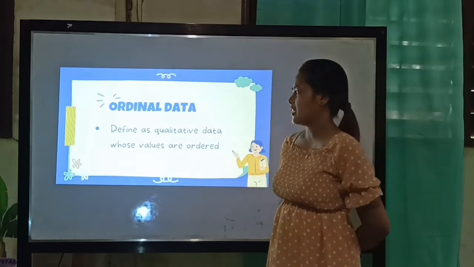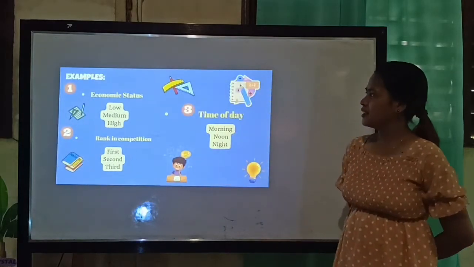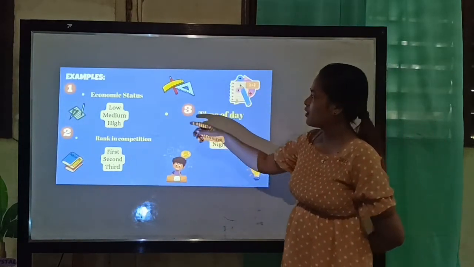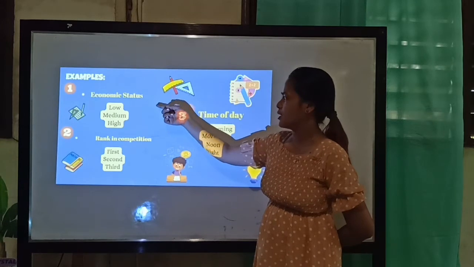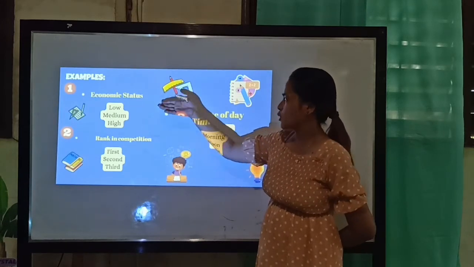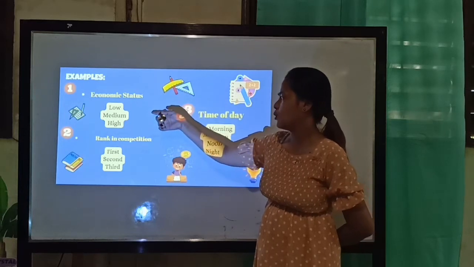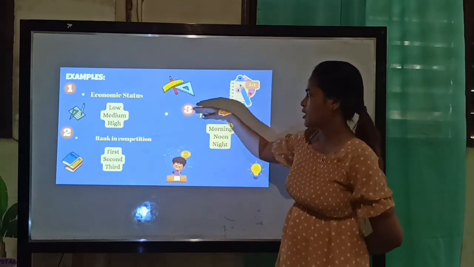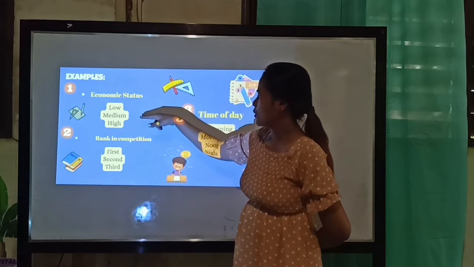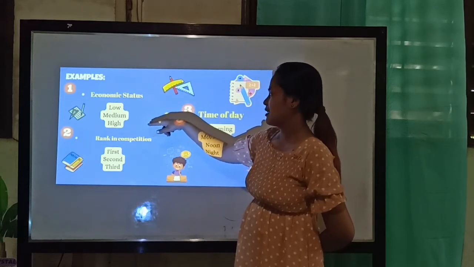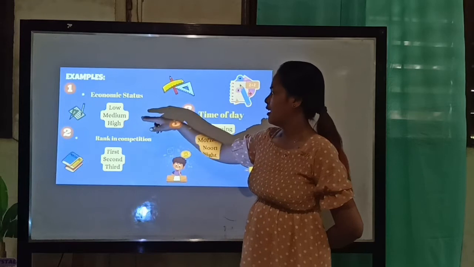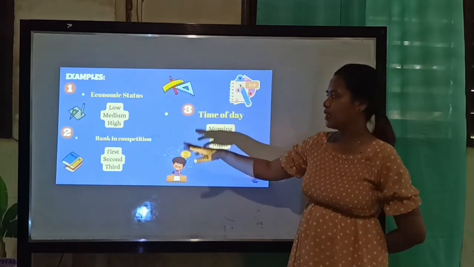So let's say, for instance, economic status. We can define the categories as low, medium, and high. The economic status here is our variable, and the data that we input is low, medium, and high. So it is in order, from lowest to highest. It cannot be high, low, and then medium. So it must be in order.